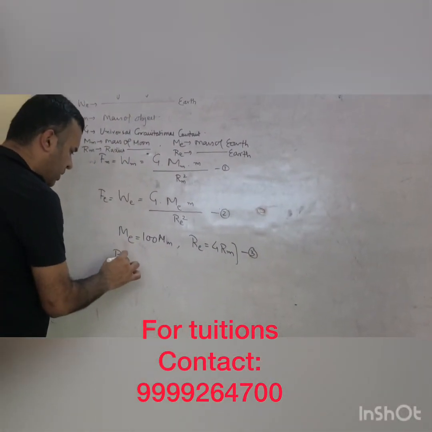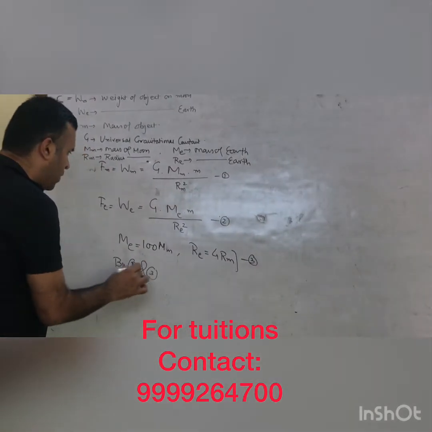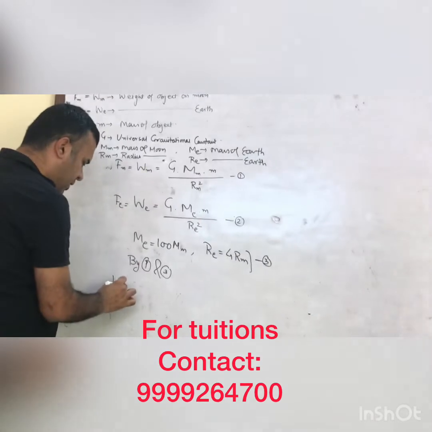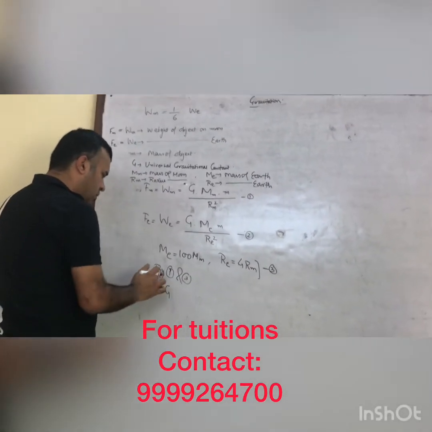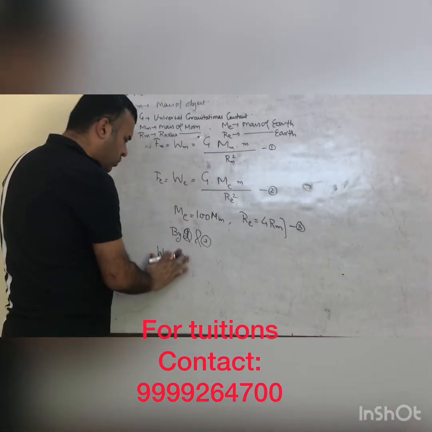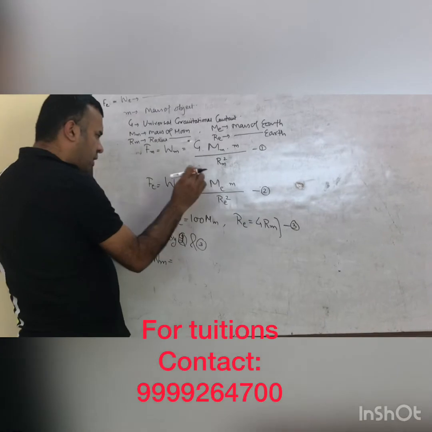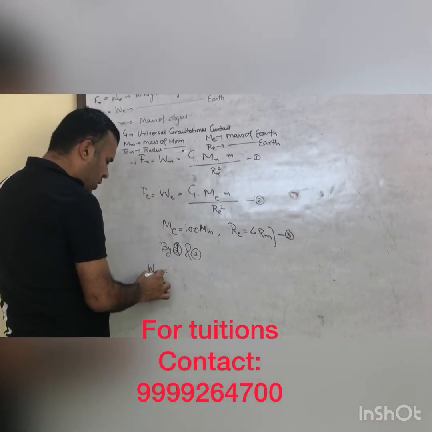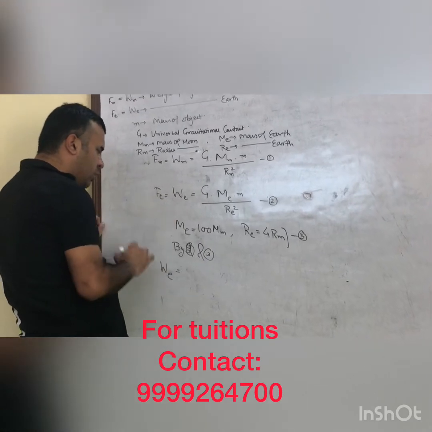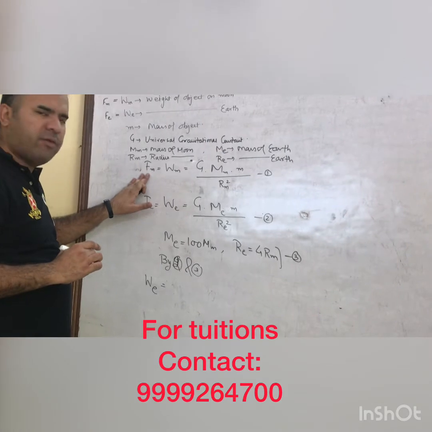Now substitute these values in equation number 1 and 3, and in equation number 2 and 3. You substitute these values of mass of earth and radius of earth in equation number 2. There is no role of Fe and Fm now.